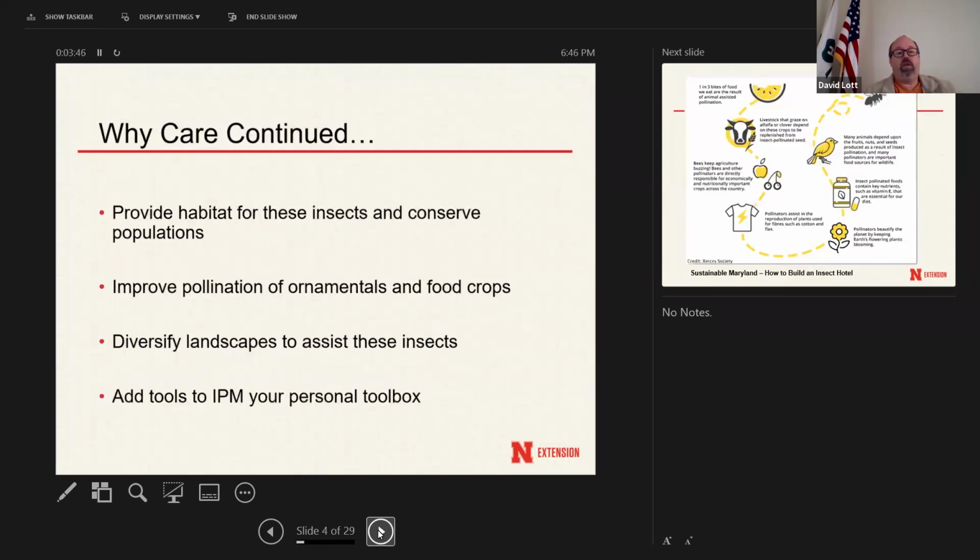What we're trying to do is provide a habitat for these beneficial insects and conserve their populations. And like feeding birds, if you provide an environment and supplies and resources, they will come back. If we don't use a lot of pesticides, they'll definitely come back as well. So this also brings in IPM.